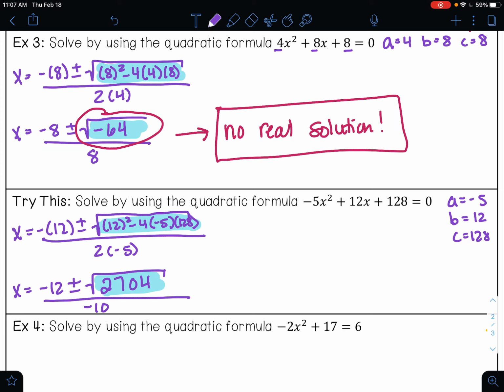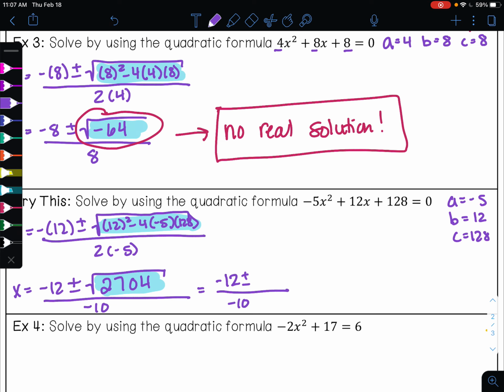And I'm pretty sure this is a perfect square, so I'm going to check in my calculator, and it is. If 2,704 was not a perfect square, then I would need to do the birthday cake method. But luckily for us, it is a perfect square. The square root of 2,704 is 52.